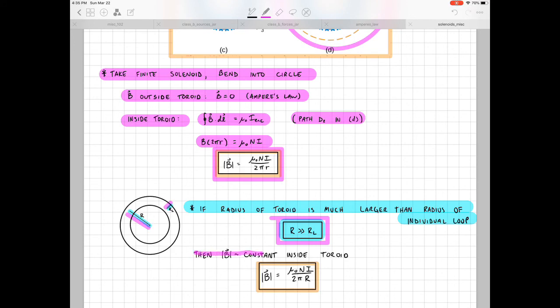And then the magnetic field inside the toroid is roughly constant. And it's given by this final expression here.